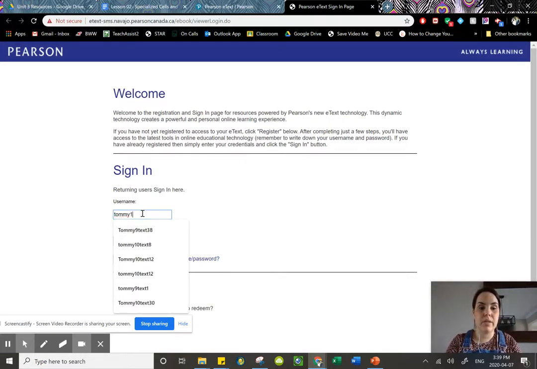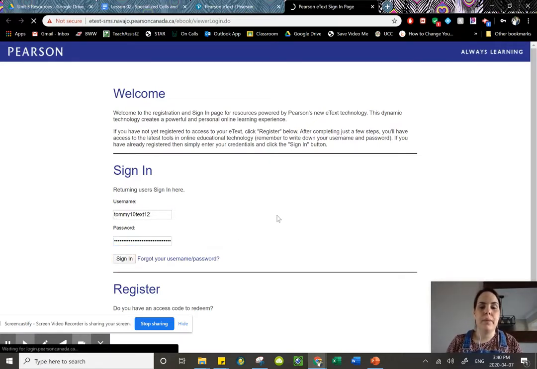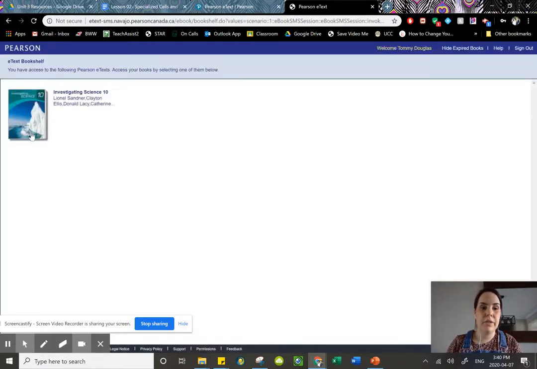Remember, you're all Tommy 10 text and then a number. Your number is on Classroom. And everyone's password is a capital TOMMY 10TEXT. So Tommy 10 text with a capital T. You don't need the number on the end. When you sign in, you'll be able to find all of the information in our textbook that you need to go through.